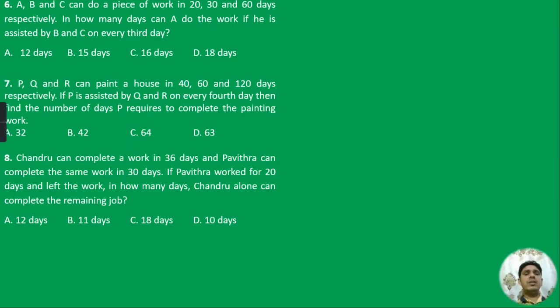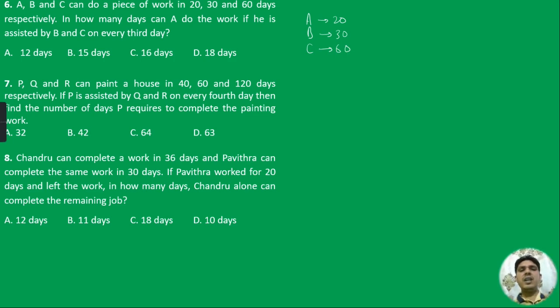If we come to type 3 question, that we can call in the number of question series, that is question number 6. Right? The question is very simple. Let us have a look. The question is saying that A, B, C can complete a work in 20, 30 and 60 days respectively.